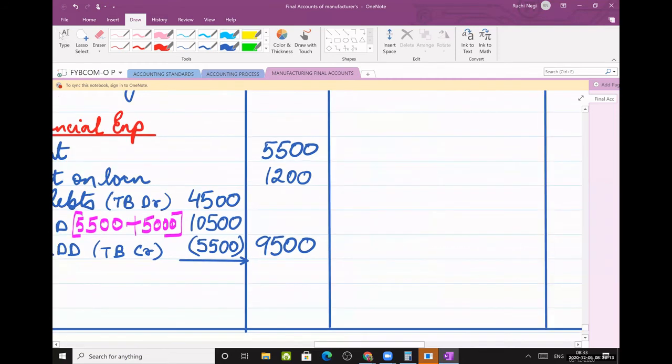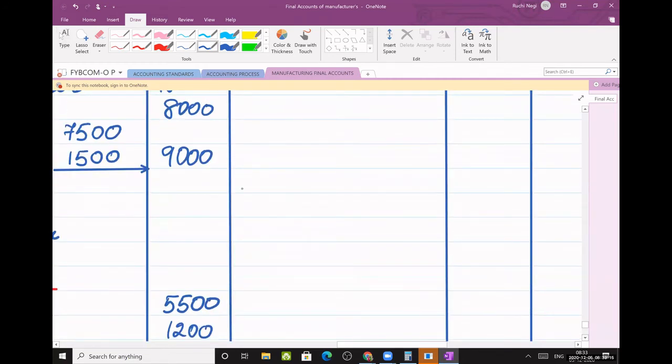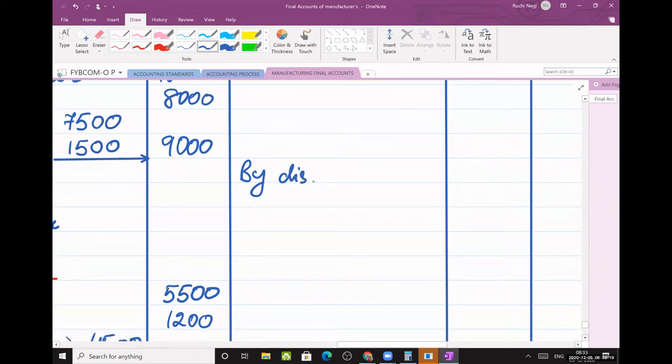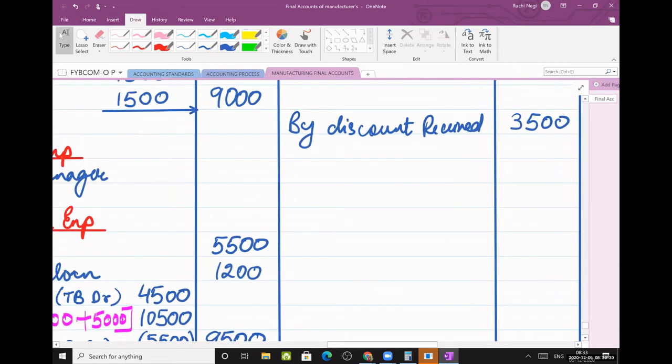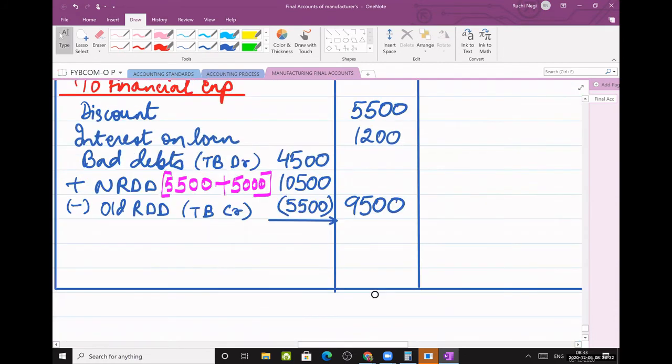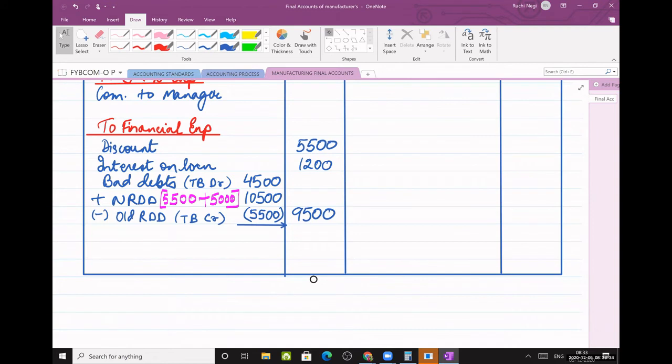Okay. In P&L credit side, you have one discount on the credit side, that is your discount received. That's it. Close this ledger.